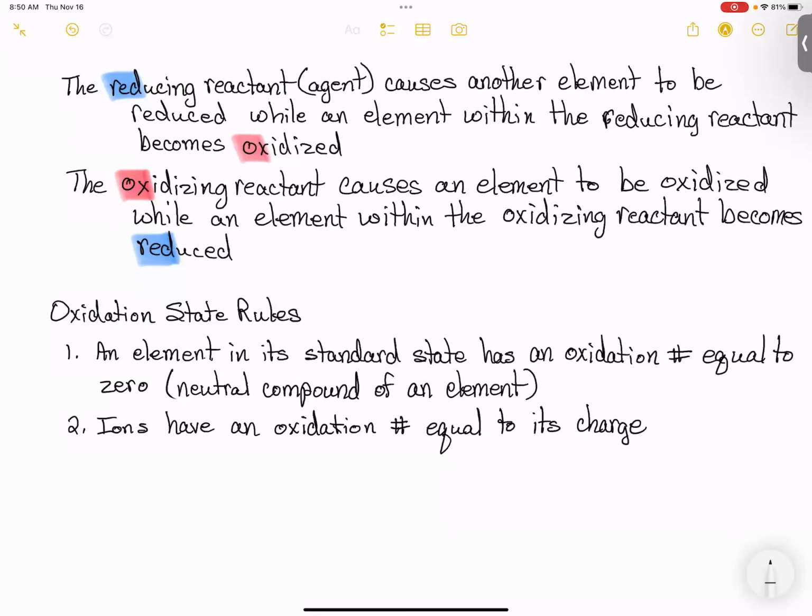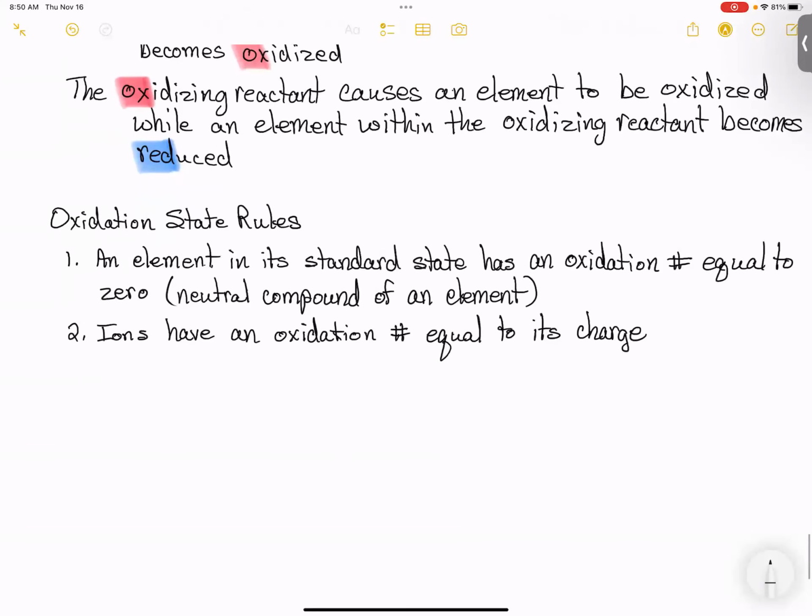So cations in an ionic compound, their oxidation number will be the same as their charge. Elemental anions in an ionic compound, their oxidation state will be the same as their charge. Those two have no exceptions.